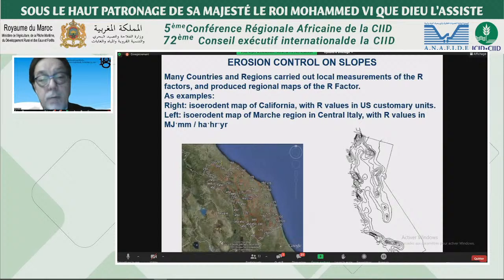Beaucoup de pays et de régions ont opéré des mesures locales et des mesures des facteurs R, et ont produit une cartographie du facteur R. Par exemple, ISO R dans la map de Californie avec des valeurs R aux États-Unis.